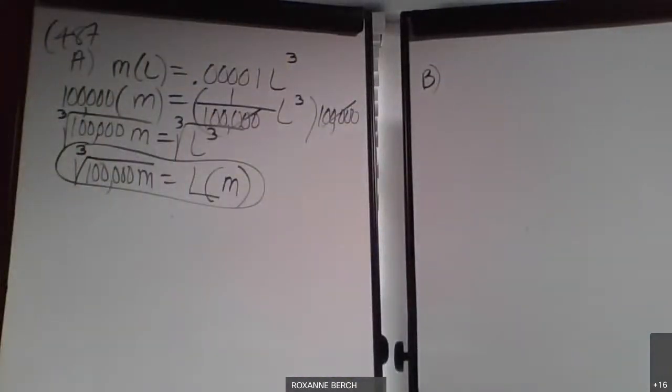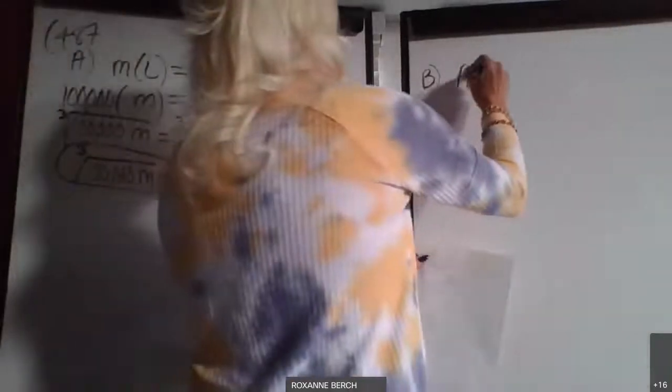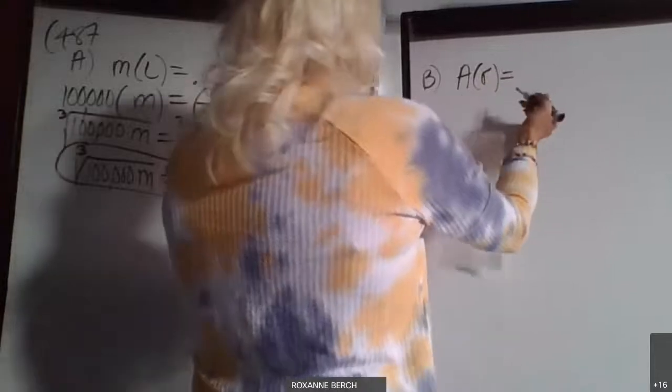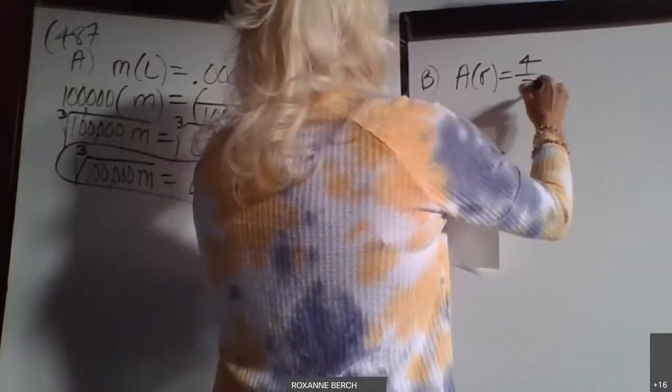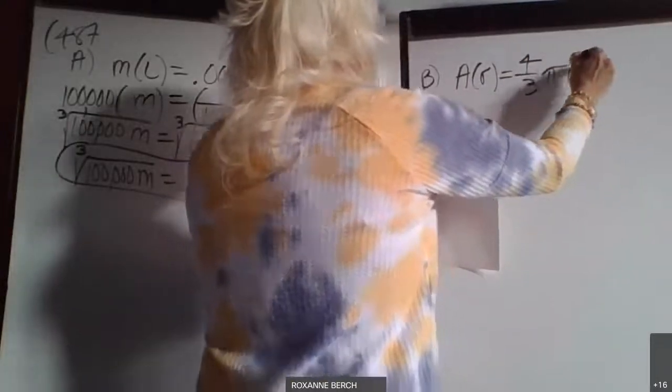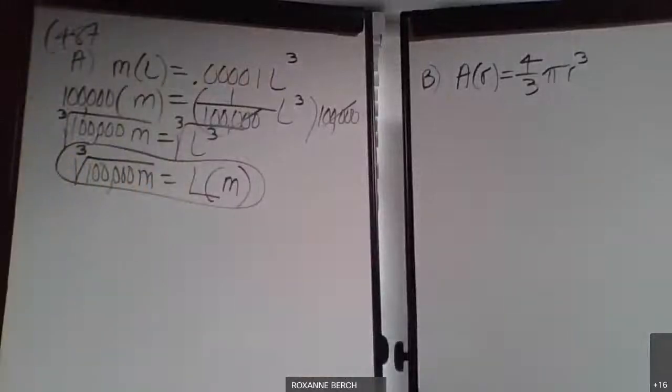All right, let's look at a geometry problem on page 487b. So they're saying the function a gives the surface area of a sphere with radius r. Find the inverse function r of a to find the radius of a sphere with a surface area.